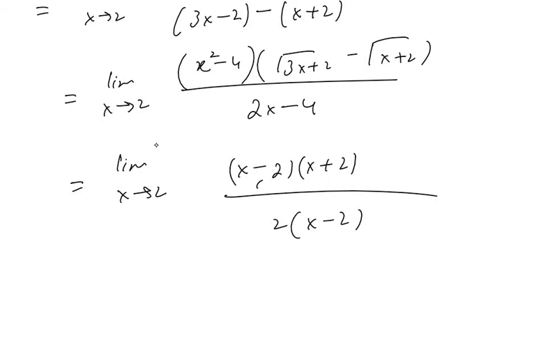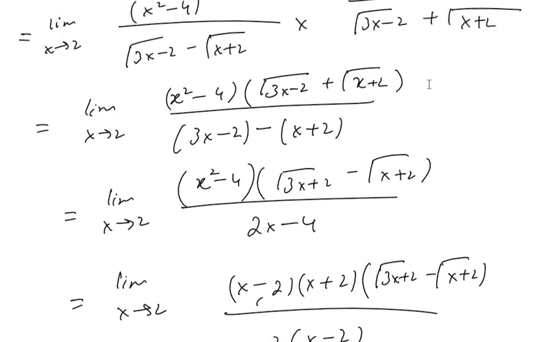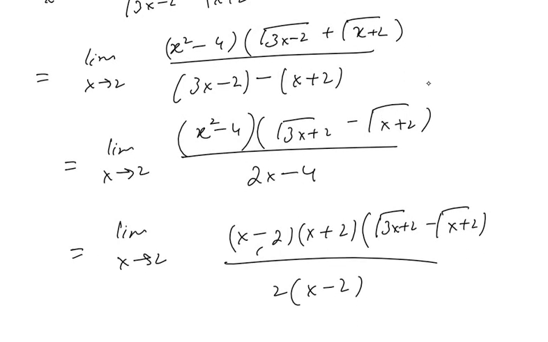I haven't made any difference. It's not different, it's the same thing. I have just made the factors of it, and the rest of the thing will be same, subtracted by x plus 2. I think I am missing a plus sign here, so it was supposed to be a plus.